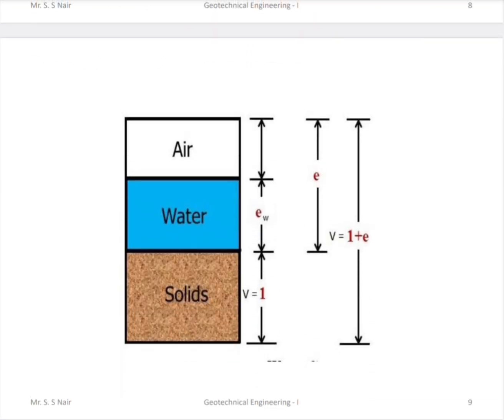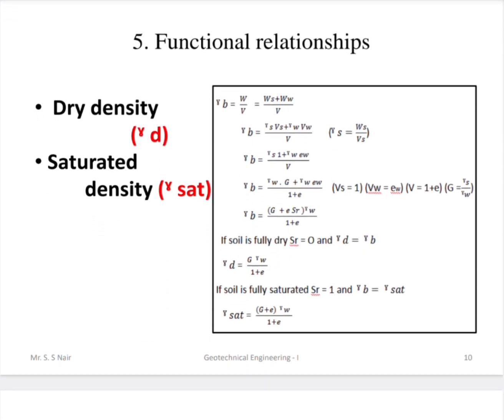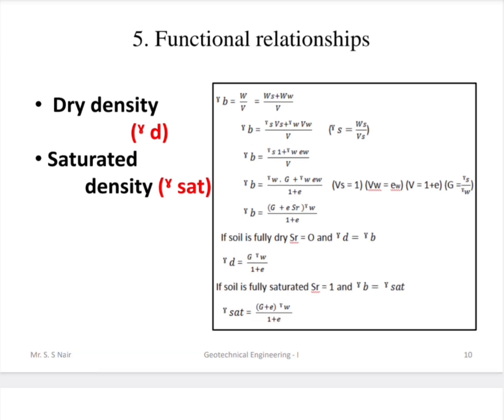Again, using this same diagram, we will be calculating the fundamental relationship of dry density and saturated density. We all know the bulk density, that is weight per volume. Total weight is weight of solid plus weight of water. Now converting the weight into density into volume: density of solid, volume of solid, density of water, volume of water.